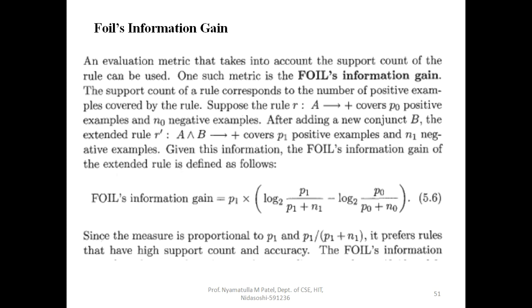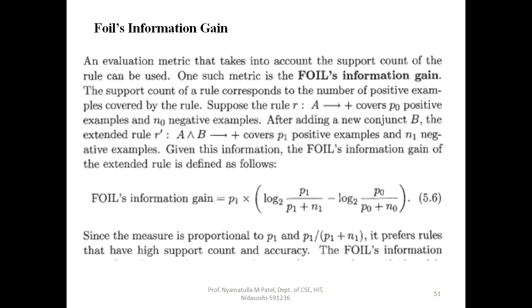Suppose the rule R: A → + covers P0 positive examples and N0 negative examples. After adding a new conjunct B, the extended rule R: A ∧ B → + covers P1 positive examples and N1 negative examples.